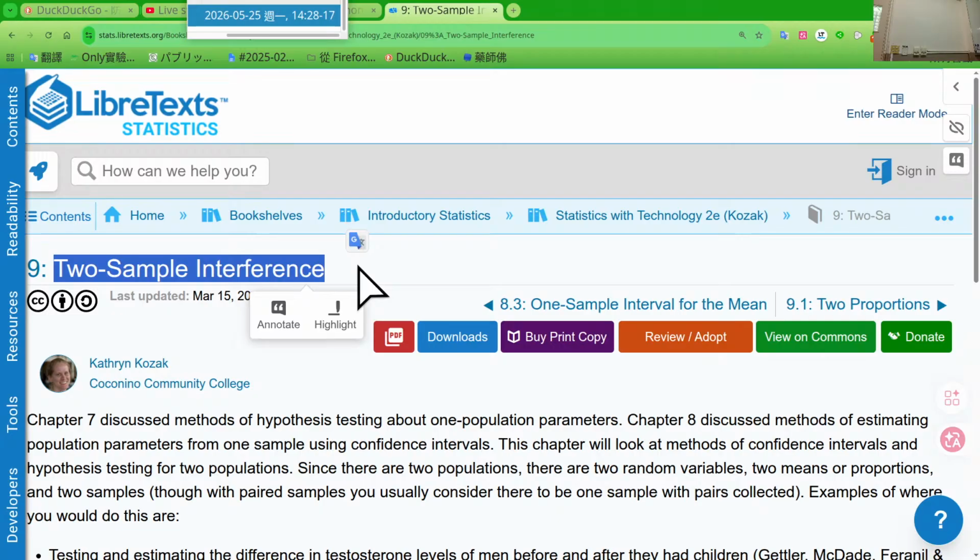For example, if I want to know the men's average height in Taiwan, it's impossible to select more than 10 million people to get the answer. Thus, we select only one group of samples to infer the whole men's height in Taiwan.